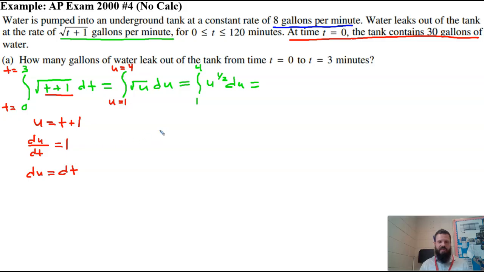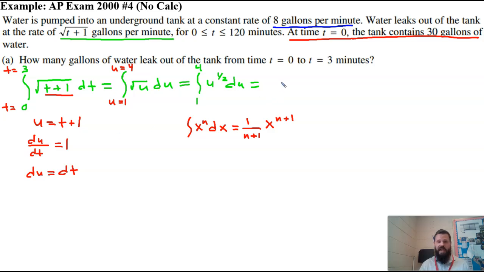Now remember what that is when I'm finding the antiderivative of a variable to a power. We could say in general, when we have the antiderivative of x to the n dx, that's going to be equal to 1 over n plus 1 times x to the n plus 1.